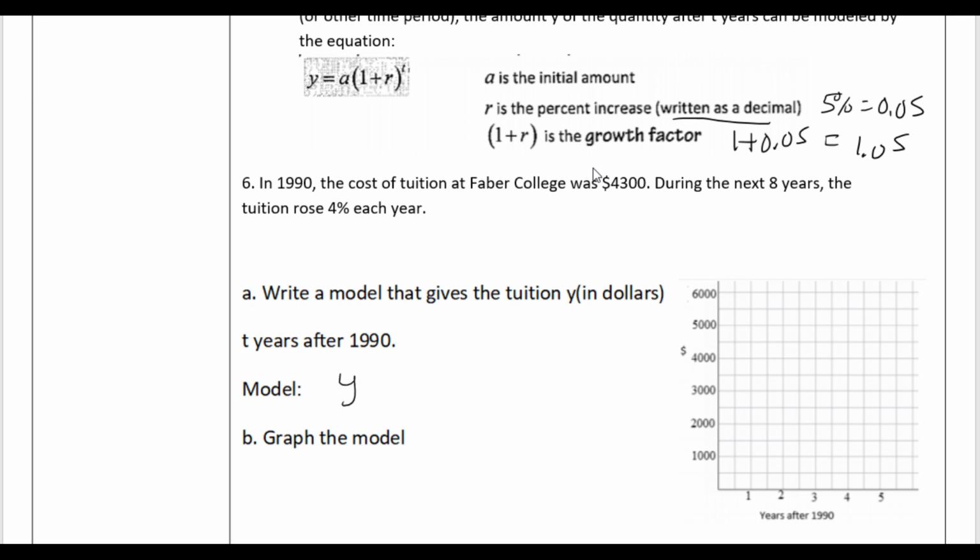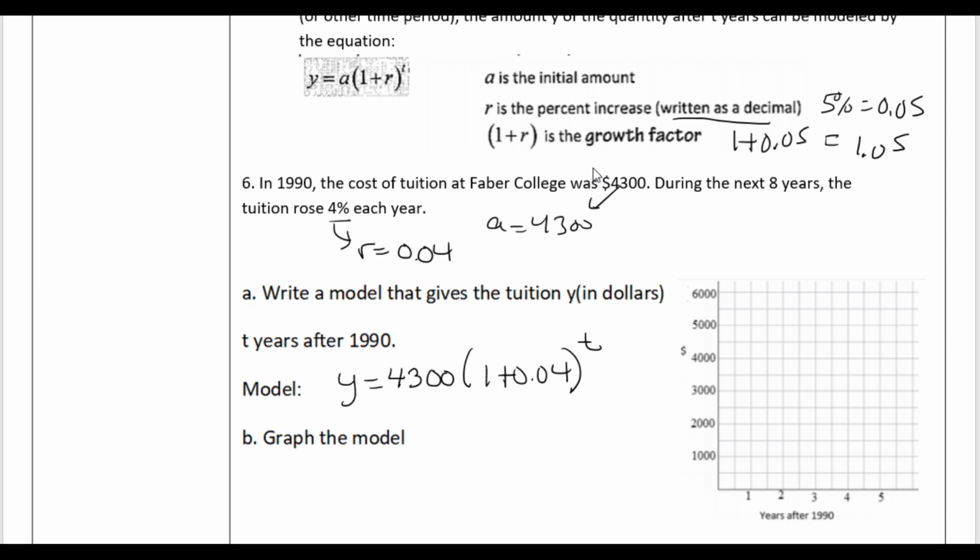So we got y equals, and A is the initial amount, so A is 4,300 here. So we have 4,300 times 1 plus, now we got 4%, that's our R, so that's 0.04, raised to the t.